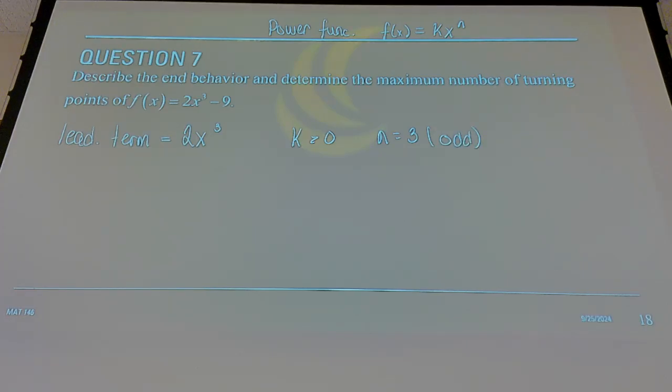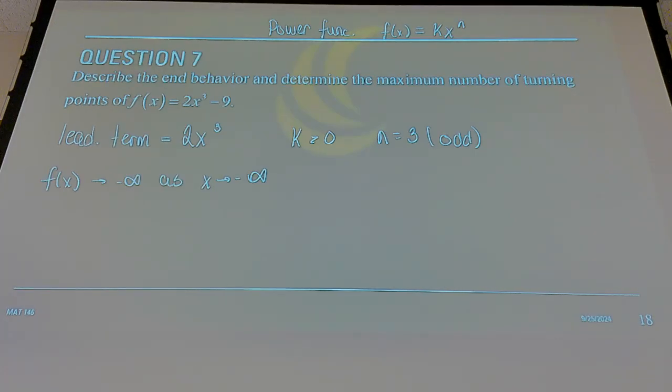So what's the end behavior? What does it do on the left? Think back to those 2 slides I told you were going to be important. So f of x tends to negative infinity as x decreases without bound, or f of x decreases without bound on the left.